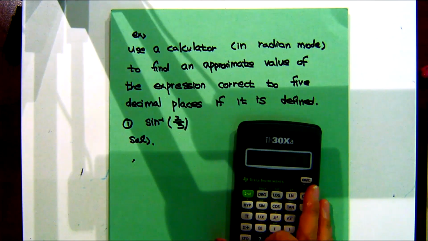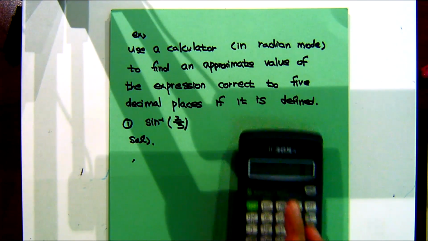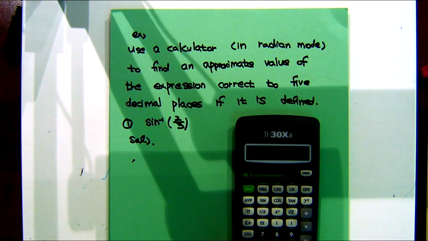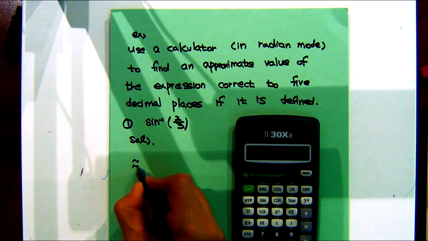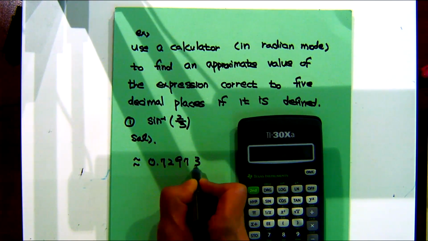It should be radian mode. So where is the mode? Yeah, here. Yeah, this is radian mode. So 2 divided by 3 and then inverse sine, green button and sine. So that is approximately 0.72973, right?